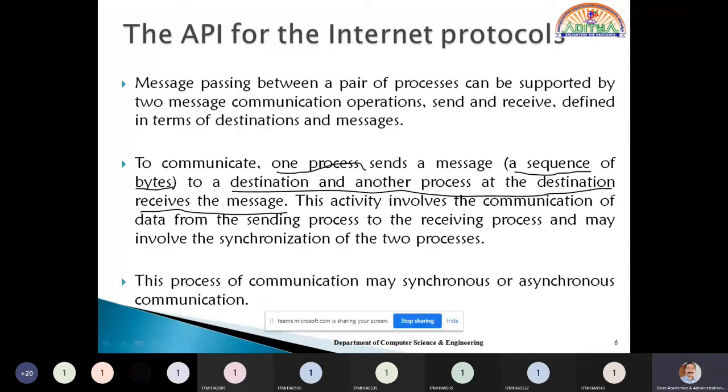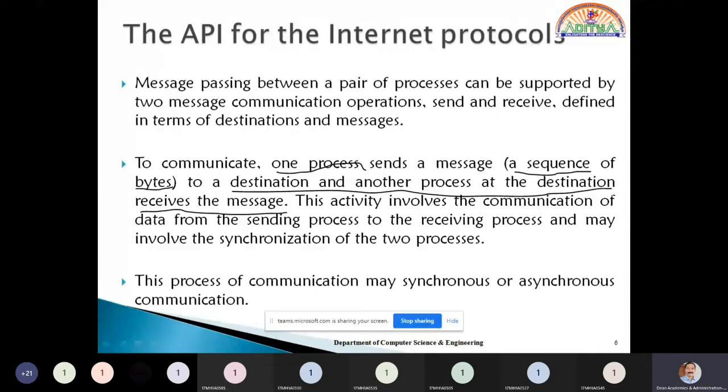In that case, we need to maintain synchronization. If they are synchronous communication, there are no major issues. But if they are asynchronous in nature, then we need to have some discussion on that. Whatever I'm sending, if it is received at the same speed, only the network is the issue. If they are not of the same speed, then in addition to the network speed, there are some other issues that are also required to be discussed.